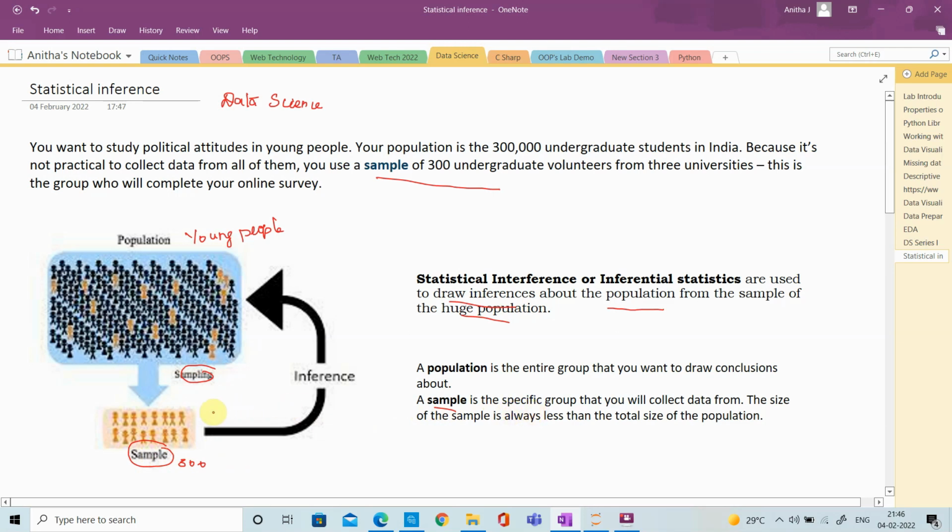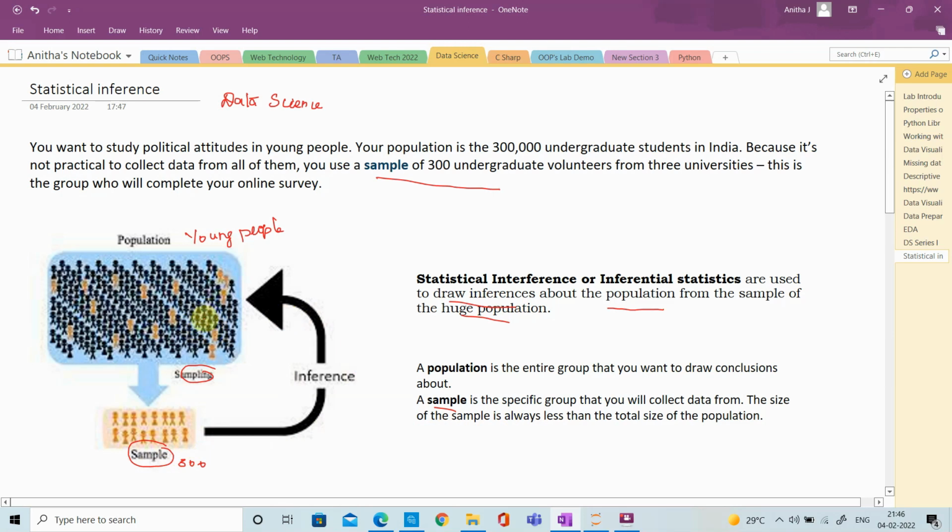The size of the sample will always be less than the size of the total population. From this sample you will try to infer some details, and those details tell us about the population. Based on the inference achieved from the sample, we can generalize that information to the population.